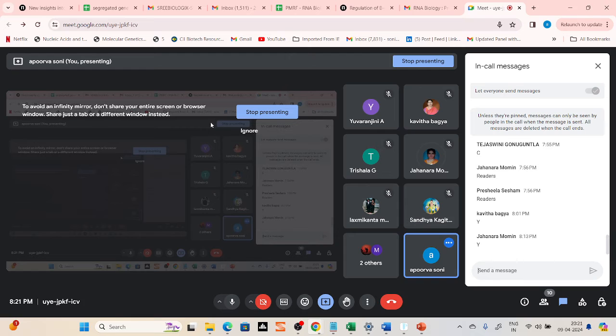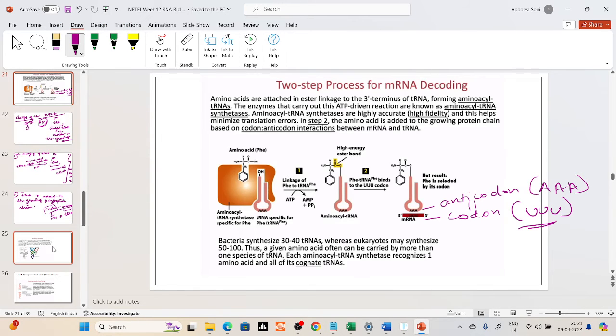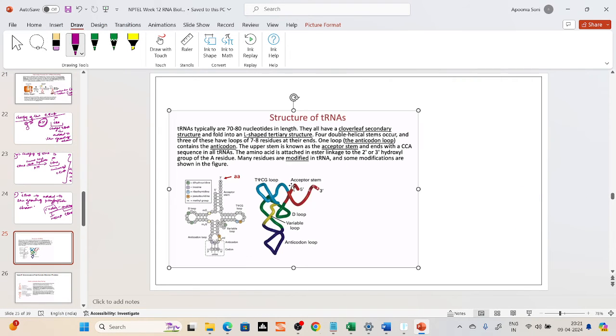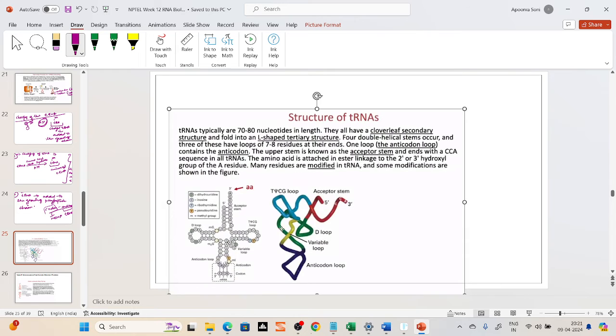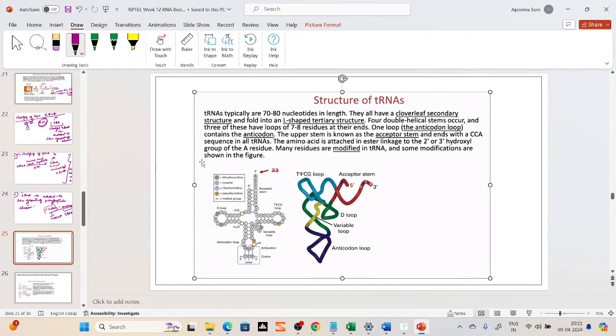Now is it clear? Yes, ma'am. Fine. Then this is the structure of tRNA. Nothing much to explain. So this is the secondary structure and this is the tertiary structure. This you need to understand. Secondary structure is a clover leaf structure and tertiary structure is an L-shaped structure.